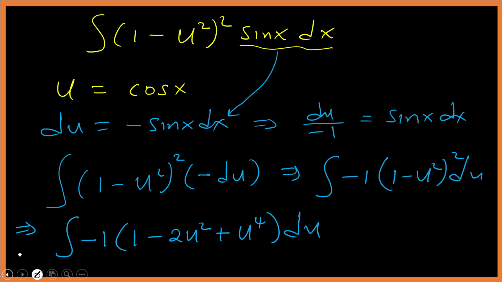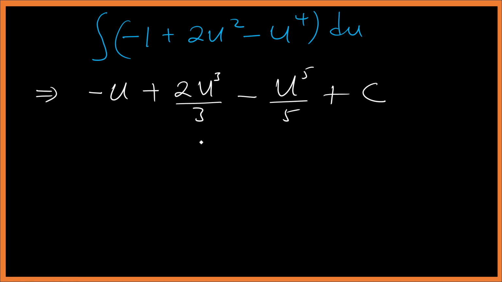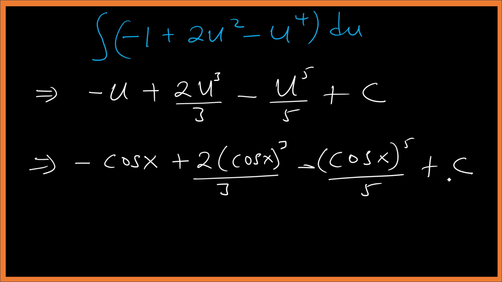But u is what? u is cos x. So let's go back and do our substitution here. So we have minus cos x plus, don't forget that this is raised to the power, 2 cos x to the power 3 on 3, minus cos x to the power 5 on 5, plus c.